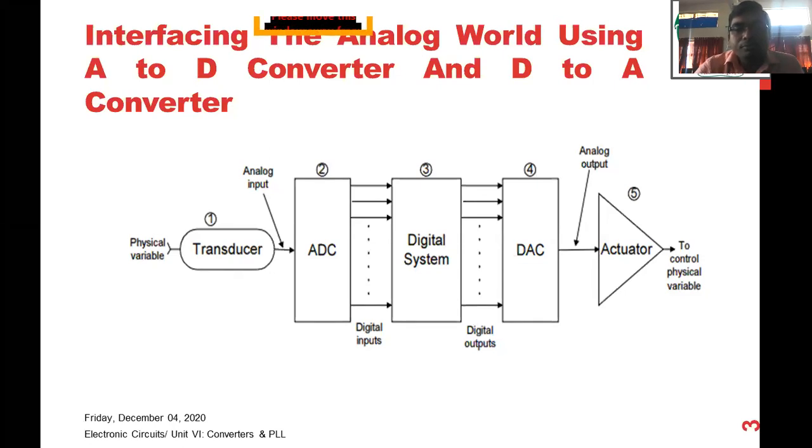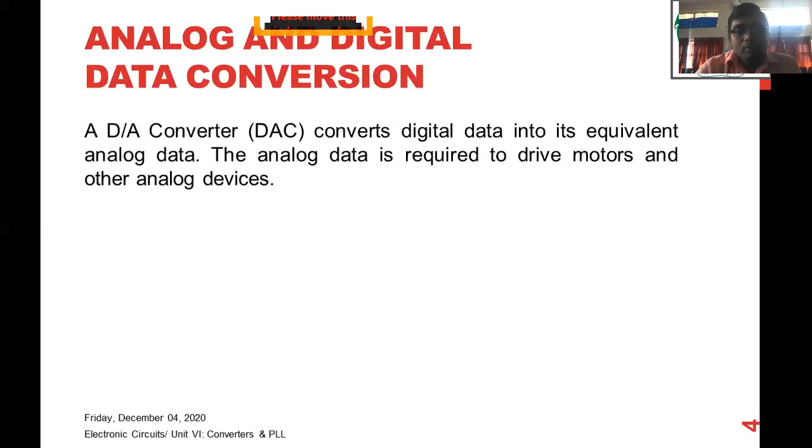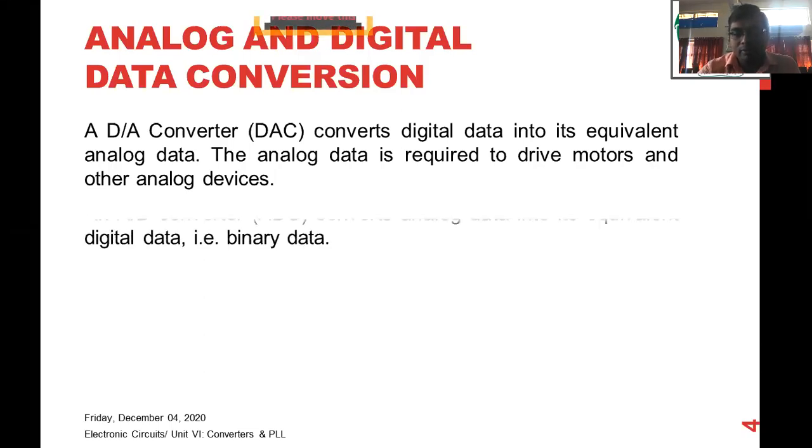Now we come to our actual topic, analog to digital and digital to analog data conversion. Generally a digital to analog converter converts digital data into its equivalent analog data, and the analog data is required to drive motors, actuators or any other analog devices.